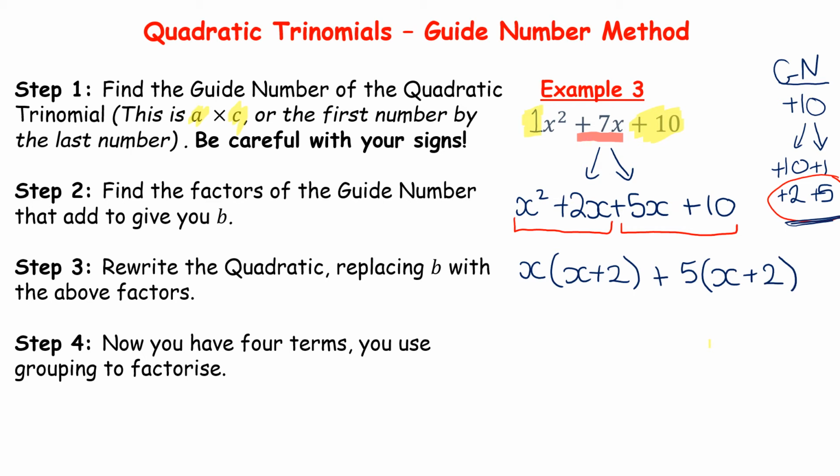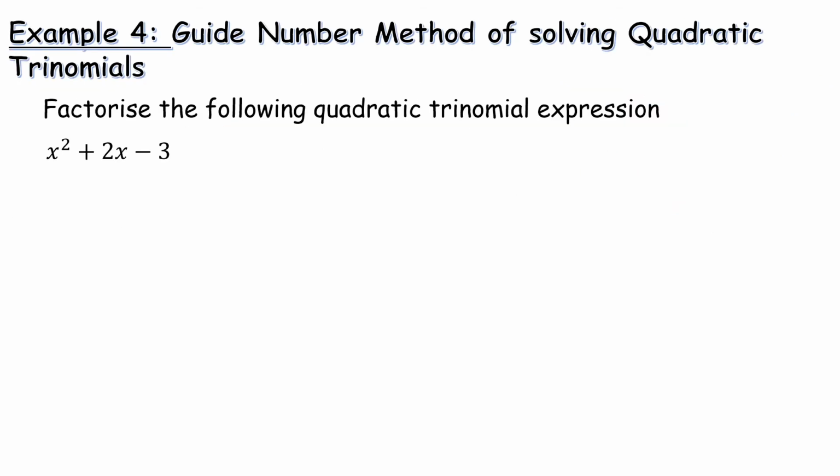And I double check that my brackets are the same, which they are, and then I combine. I like to do the x plus 2 first, and then have x plus 5. But remember, multiplication is commutative. What that means is it doesn't matter what order you multiply it in. 2 by 3 is still the same as 3 by 2. So that's my answer using our guide number method.